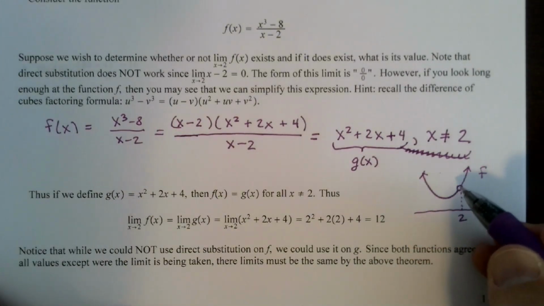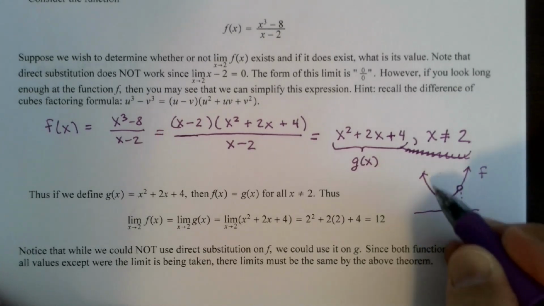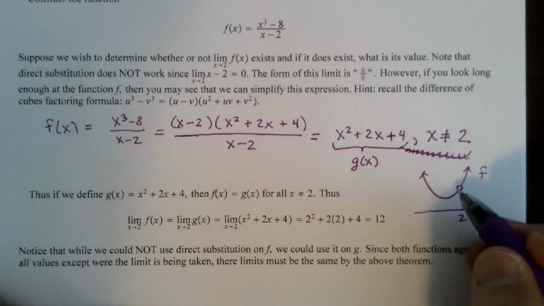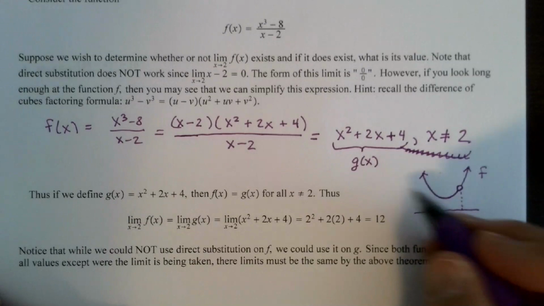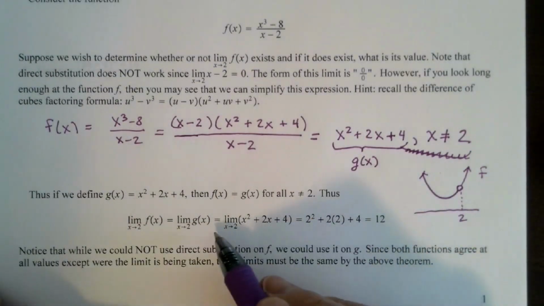Remember we talked about removable discontinuity? We can correct that discontinuity by plugging in that hole, so to speak. And what do we do when we plug in that hole? What's that graph going to look like now? That's g of x. So g of x is just this graph with the hole filled in. So they're exactly the same for all values of x except x equal 2, and that's how we can do this.